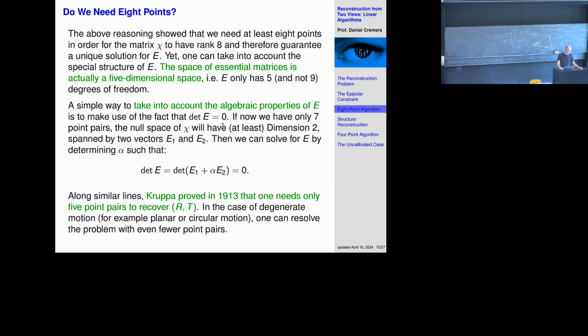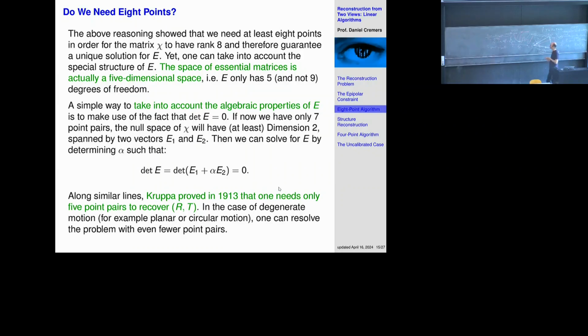And people have used Krupa's results, and there is at this point also a so-called 5-point algorithm, that was not proposed by Krupa, but many years later, I think it was David Nister and Henrik Stevenius who came up with it.